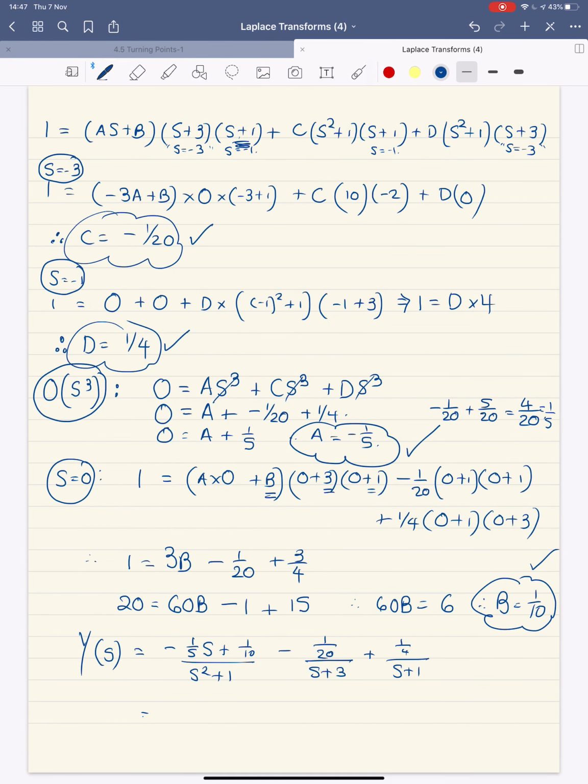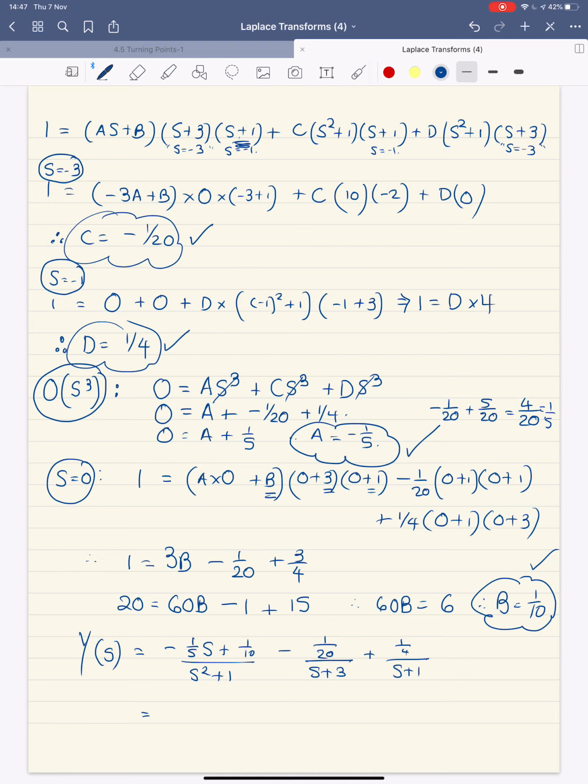Right, I need to look at this one. I'm just going to write it on another bit of paper by the side of me so I can look back. It's minus 1/5.